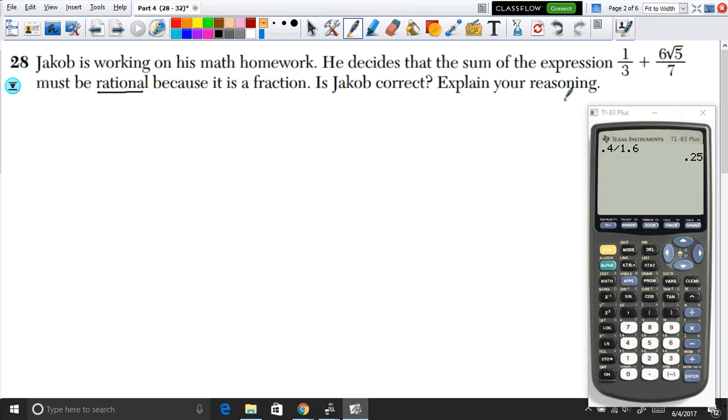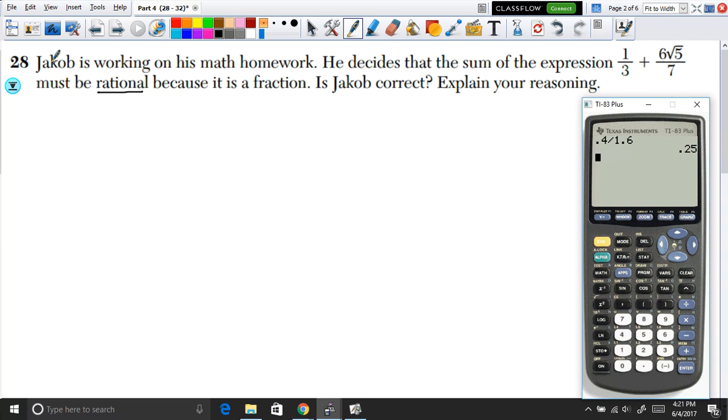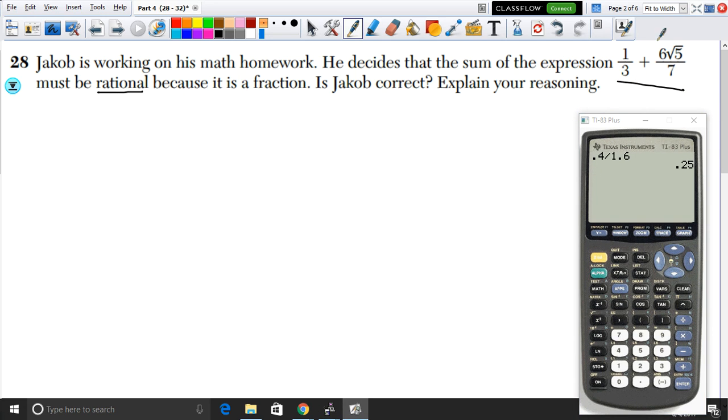Well, let's see. Now, in order for us to see what's going on here, we need to understand the definition of a rational and irrational number. But the best way to do here is to actually see what those numbers represent. So the point of this example is, if we add these two fractions, are you going to get an irrational number?